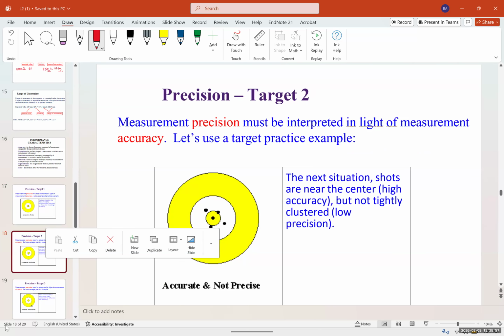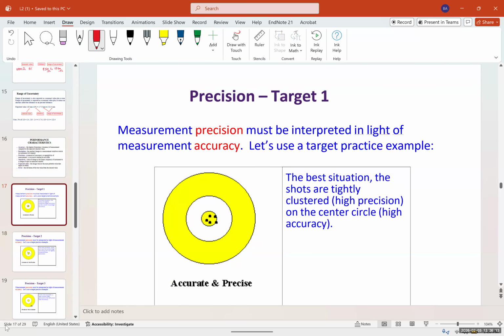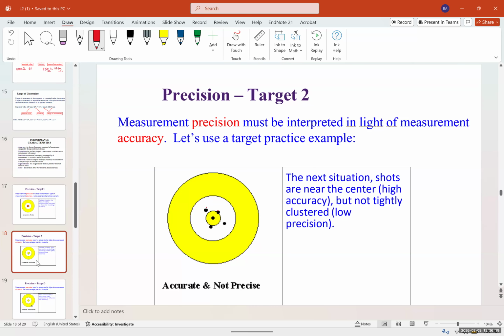Scenario B is accurate because it's around the target, but it's not precise. It's not clustered enough, so you can see it's scattered more than the first one. If you go back, you can see that in the first one almost all of them are in the yellow circle. In the second one, a lot of it is out of the yellow circle. So it's accurate, but it's not precise.